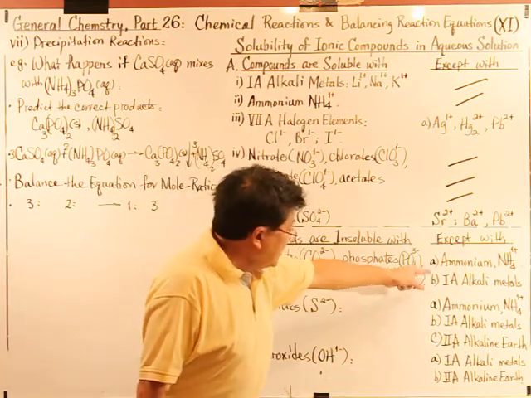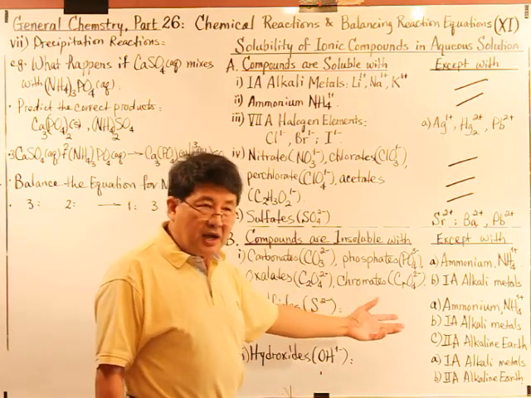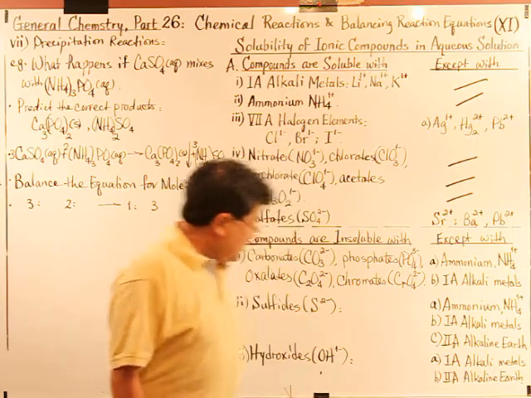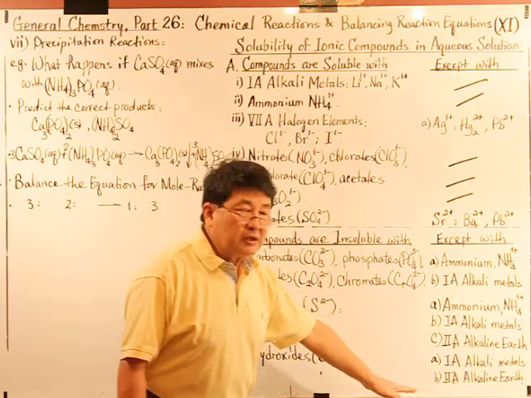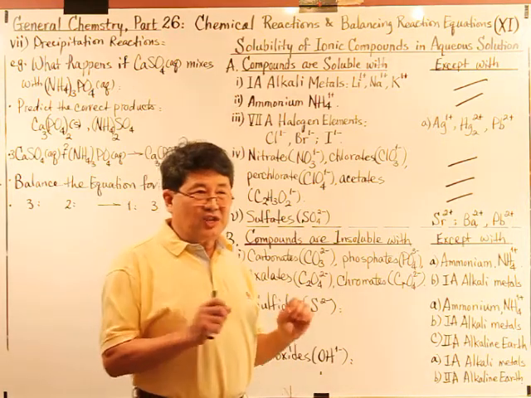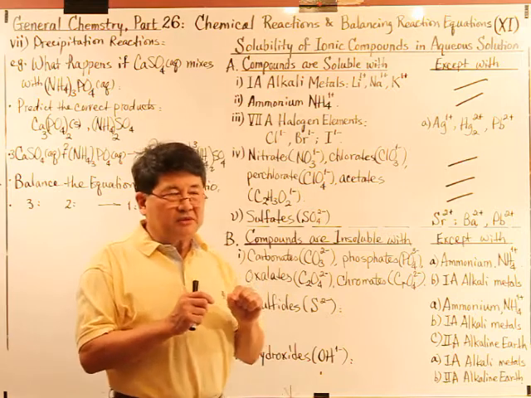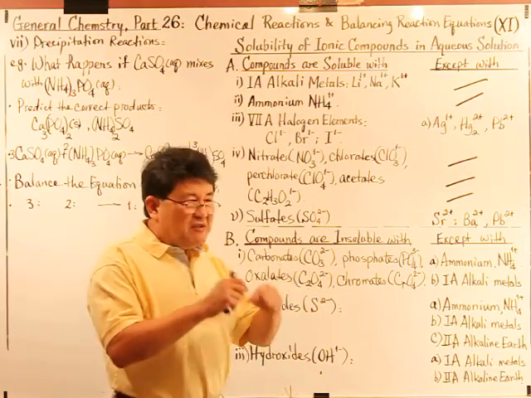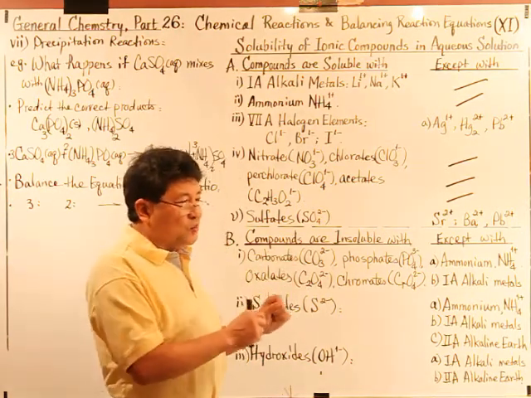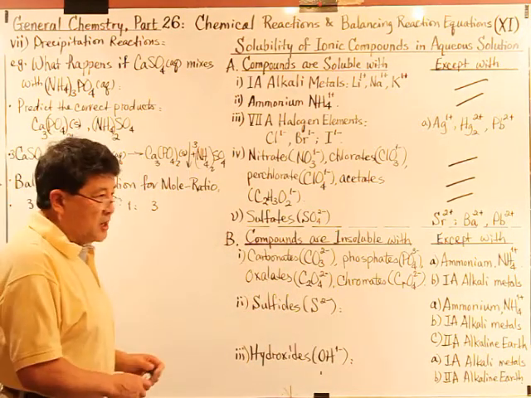Most of them are 1A and 2A, alkali or alkaline earth metals, right? But a few of them are not completely exceptions because they are considered slightly soluble, which means a very, very small amount, 10 to the minus 10, 10 to the minus 9, of the salt dissolving into the aqueous solution. The solvent was based on water, right?